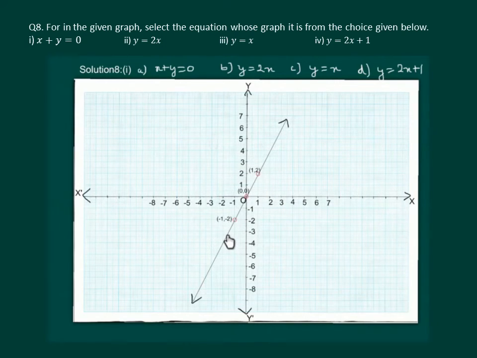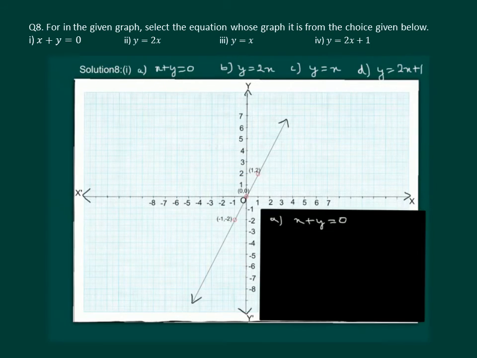So let us start with the first equation. We have x plus y equal to 0. Now since the line passes through the point (1, 2), let us substitute x equal to 1 and y equal to 2 in the left hand side. We get 1 plus 2 equal to 3.